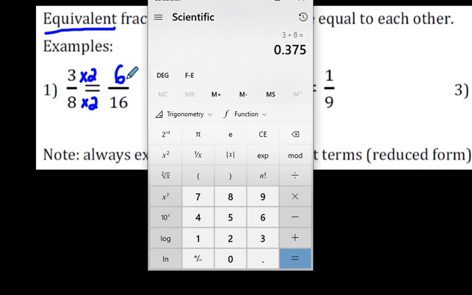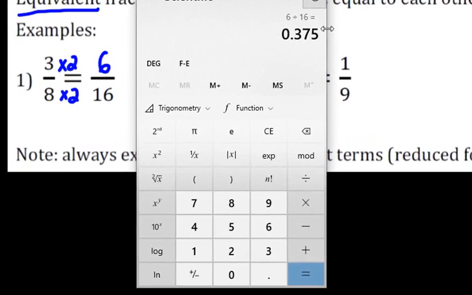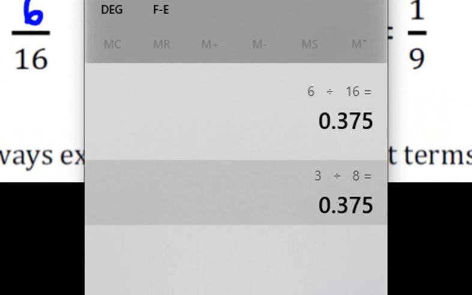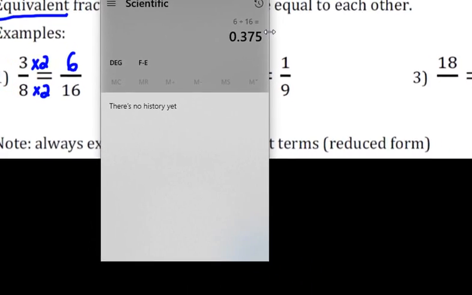Well, let's see if 6 over 16 gives us the exact same answer. 6 divided by 16, and I hope you guys have a good memory, because 0.375 is what we just got. I'm using a Windows computer here. I know there is a way to show the history. Maybe this is it right here. There it is. Do you see how the answer was identical? That's pretty neat, eh?